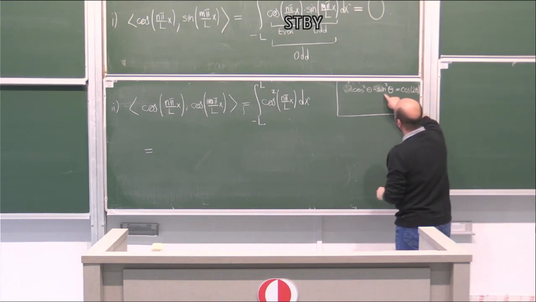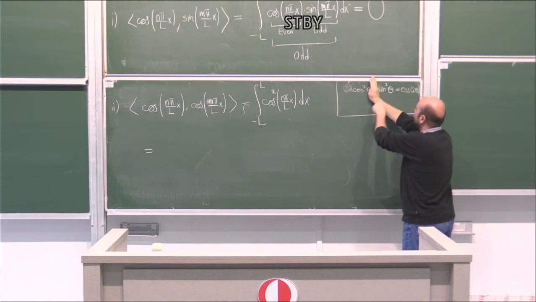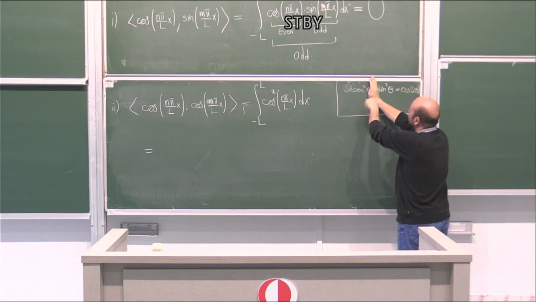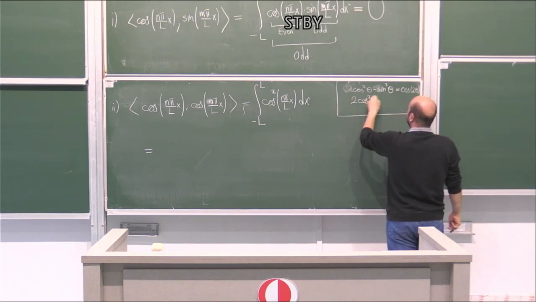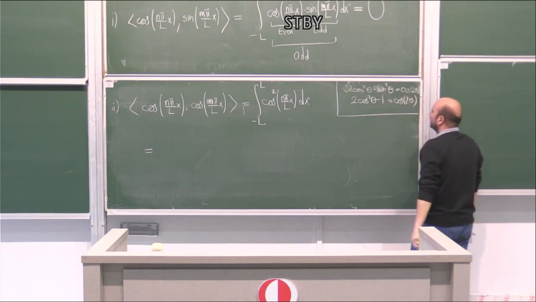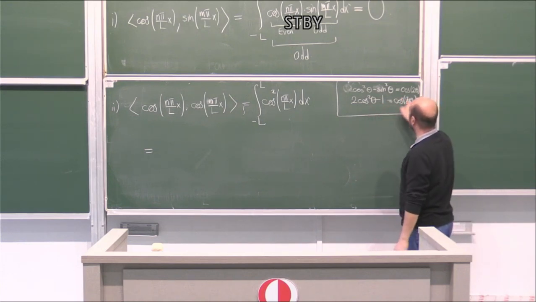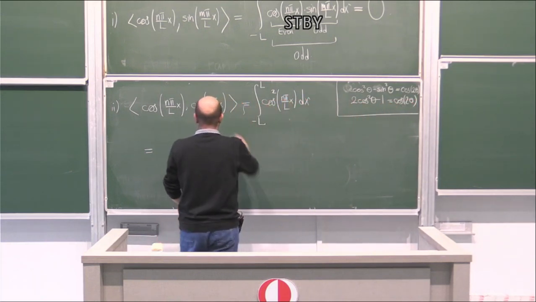So in the place of sine square, if I write 1 minus cosine square, then I get cosine square minus 1 minus cosine square, so the minus makes it plus, and we get 2 cosine square theta minus 1 is equal to cosine 2 theta. So if you take 1 to the other side and divide everything by 2, we get the expression of cosine square in terms of this.